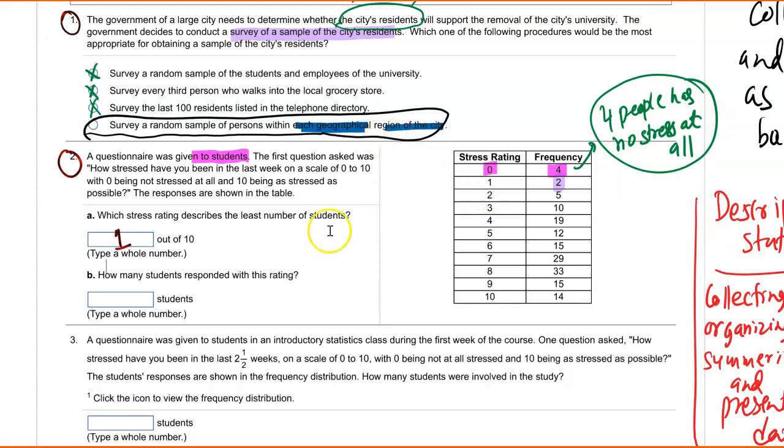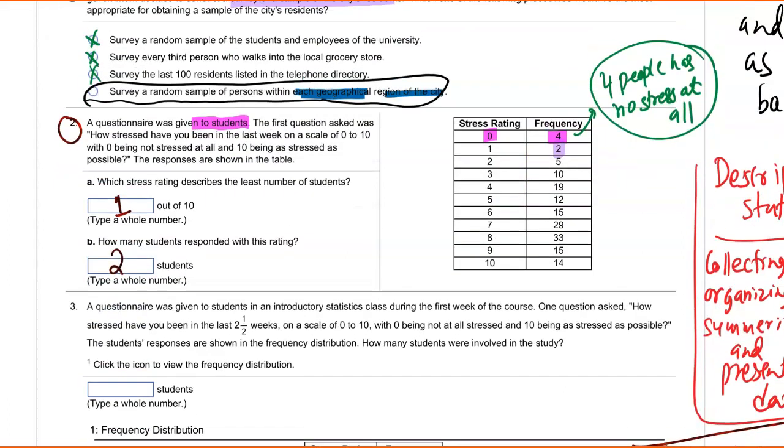The stress rating of 1 out of 10 describes the least number of students. How many students respond with this rating? With 1, 2 students responded. Okay, that's the answer for question number 2.